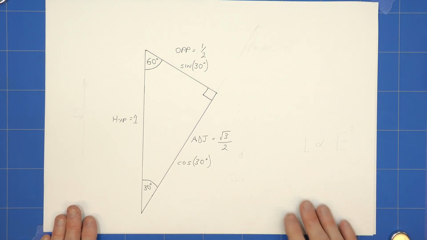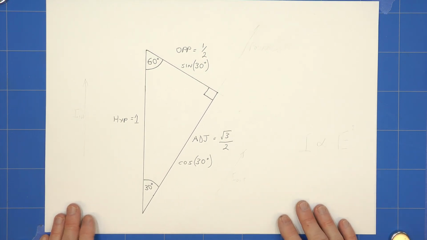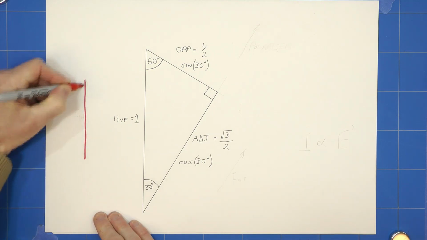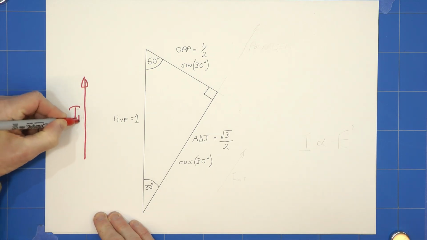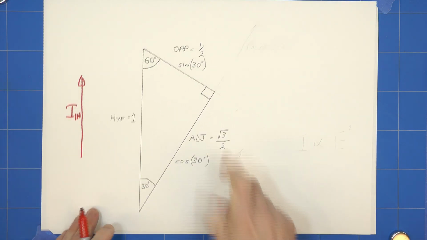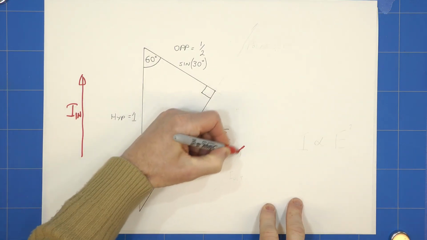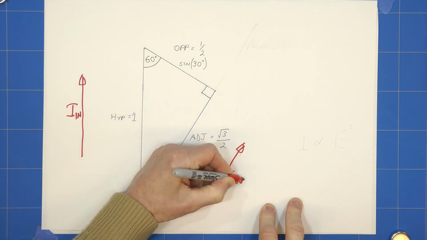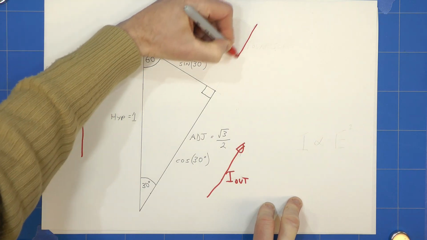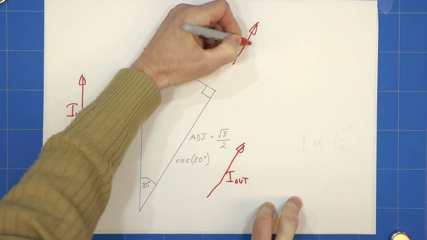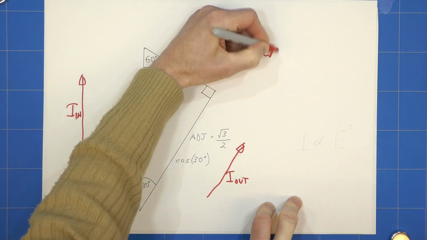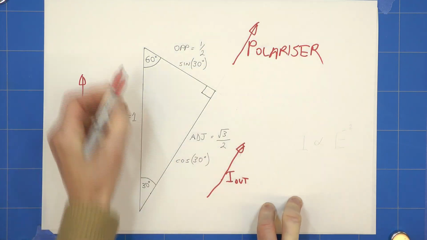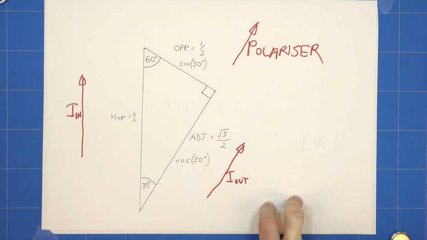We need to know two things before we proceed. Number one, if this is our incident light, I in, we can break it down into two components. We can have this component along here, which I'll call I out, if that is the plane of the polarizer, and then there is a lost component here.